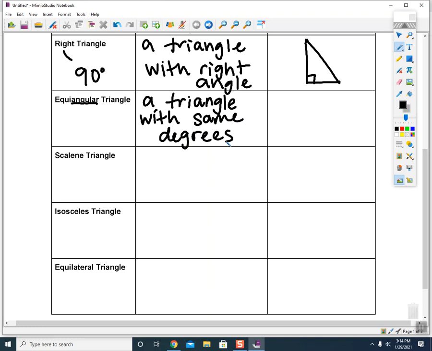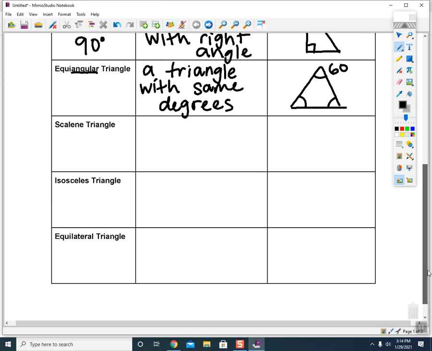So if you think about the sum of all of the angles of a triangle is 180, I'm going to divide that equally in 3 different spots. So what that means then is each angle of the triangle needs to be 60 degrees. I'm putting these curves in the corner. What that tells me is that all of those angles are congruent. Congruent means same, right? So all of those angles are the same. An equiangular triangle is a triangle with the same degrees in all of the corners.